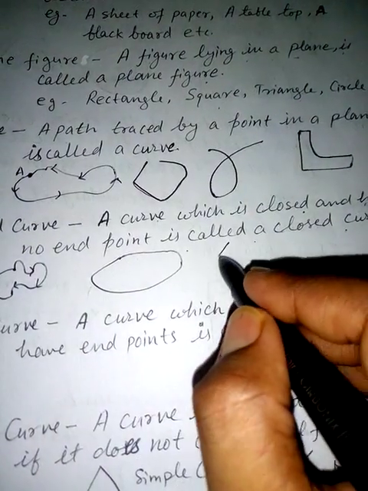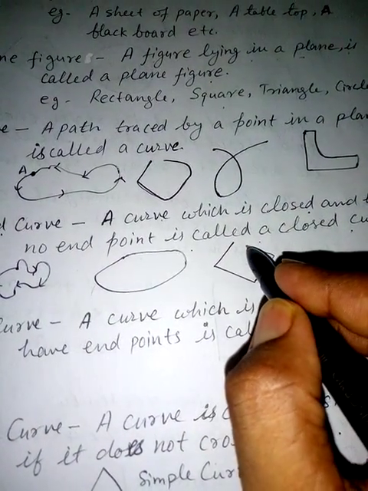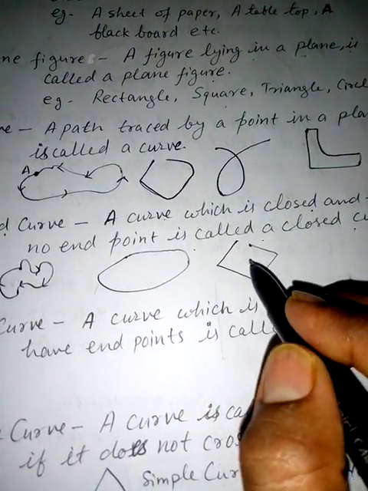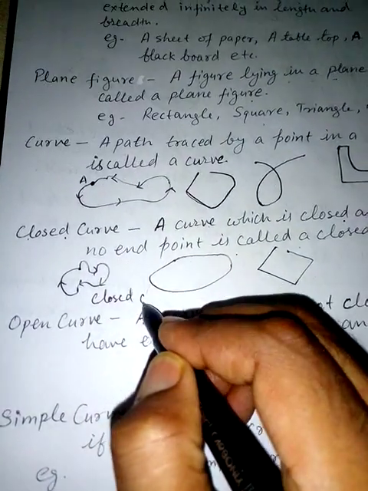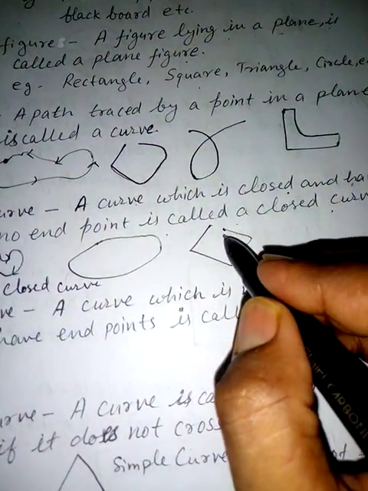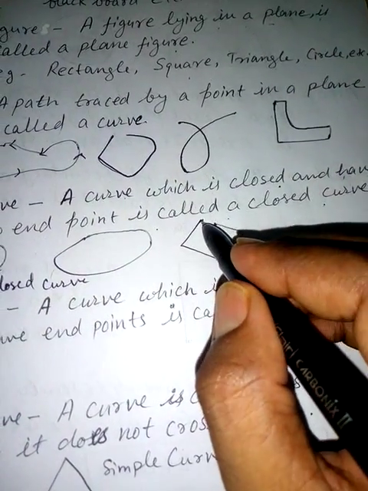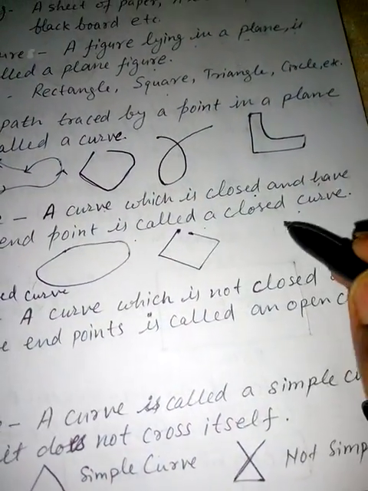But this is not a closed curve. These are closed curves, but this is not a closed curve because they have some endpoints.